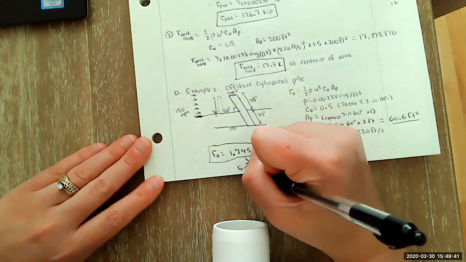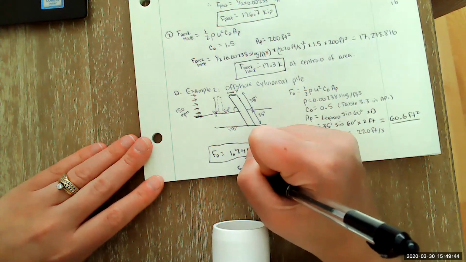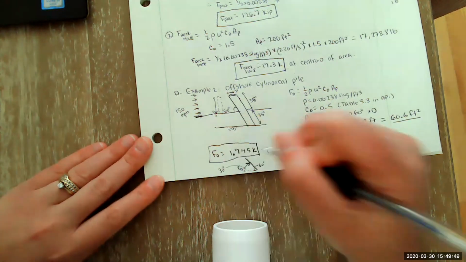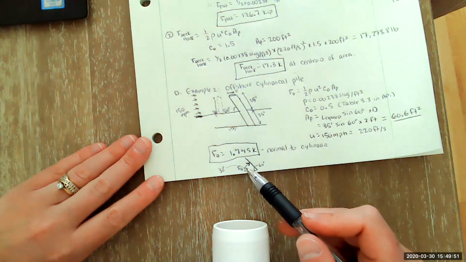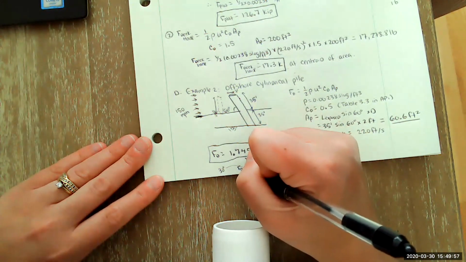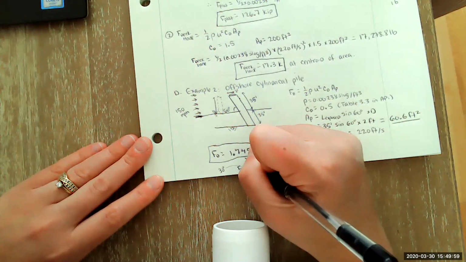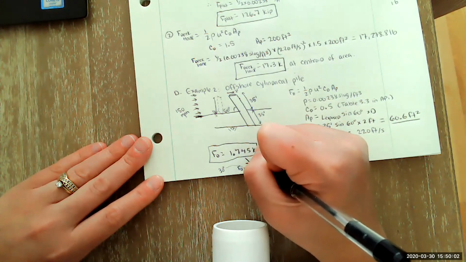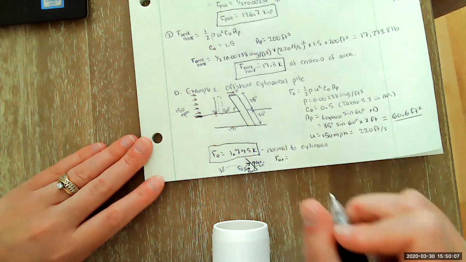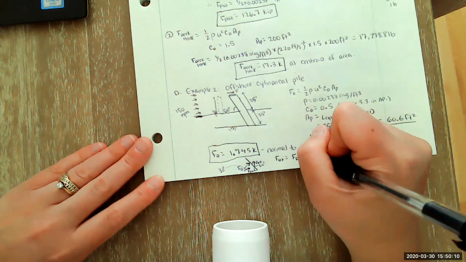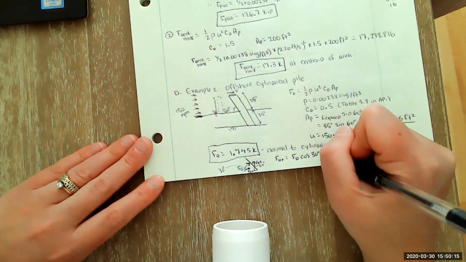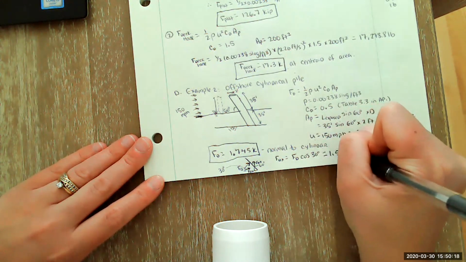And if I have this angle is 60 degrees, that means I know that this angle is 30 degrees. So I can resolve this drag force into the X and Y components, where I might have FDX and FDY, with my drag force in the X direction equal to my total drag force times the cosine of 30 degrees, which is equal to 1.512 kips.